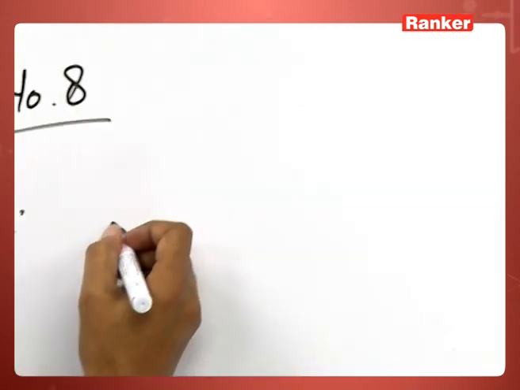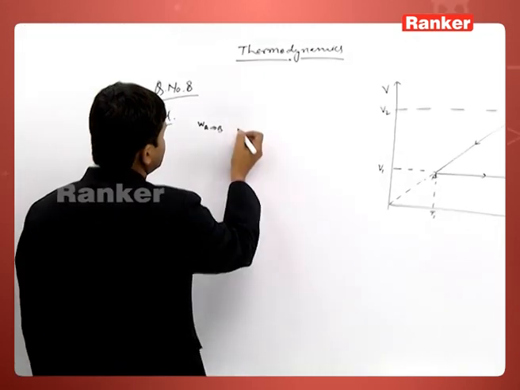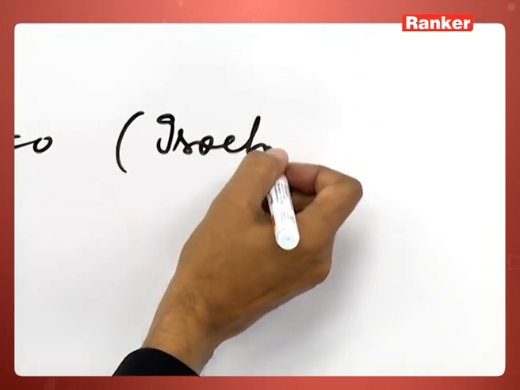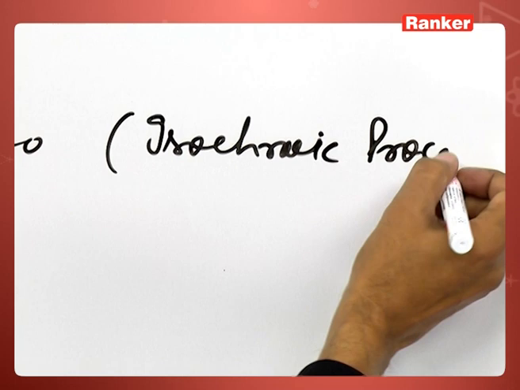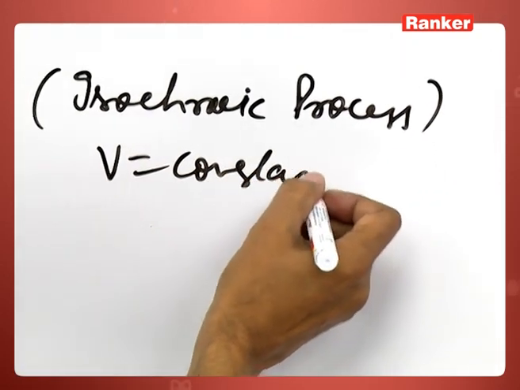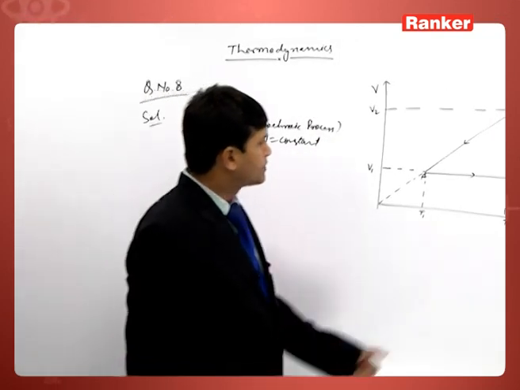First of all, work done in AB process is 0 because this is an isochoric process. In this process volume is constant, so work done will be 0.